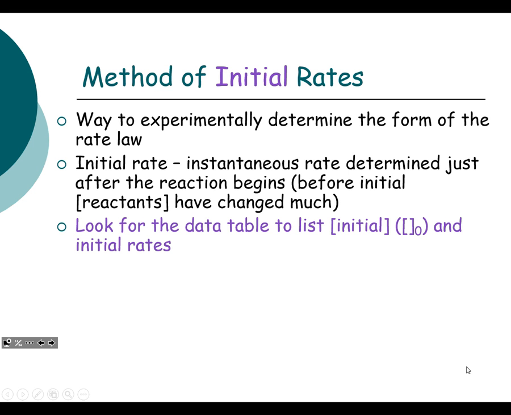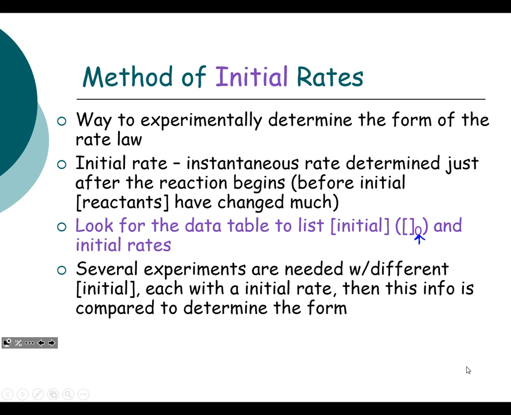What you're getting here in purple: look for the data table to list initial concentrations. And you may see it, we saw this back before in equilibrium, you may see a sub-zero outside the brackets. That means initial conditions as well. And definitely you'll see the initial rates there.